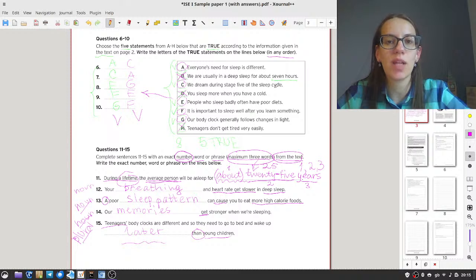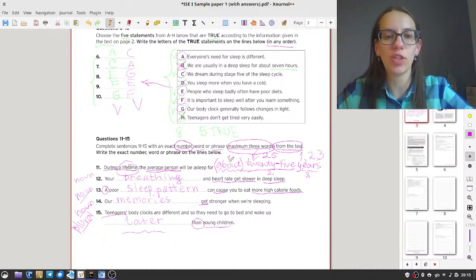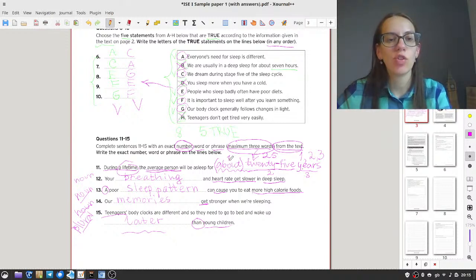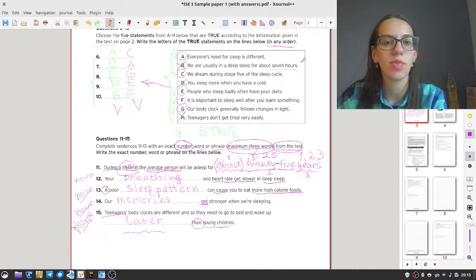So 3 statements are always not true. Only 5 are true. And then questions 11 through 15, you need to complete sentences. The sentences are not taken from the text. They have the same ideas as in the text, but they are not directly taken from the text. They are formulated in different words.